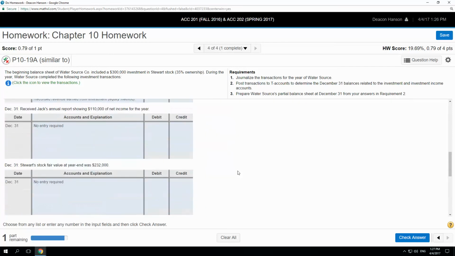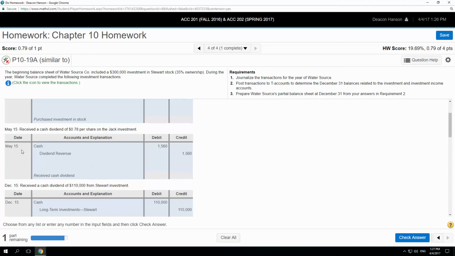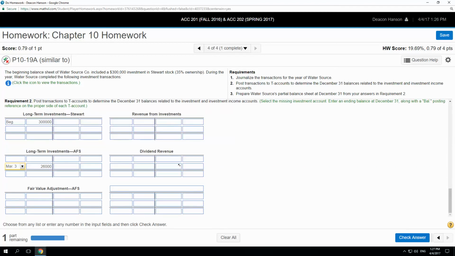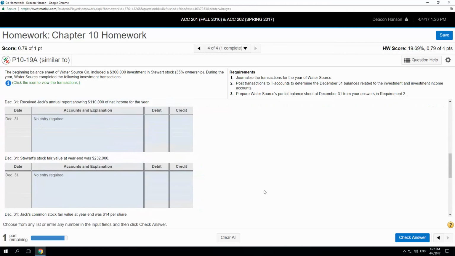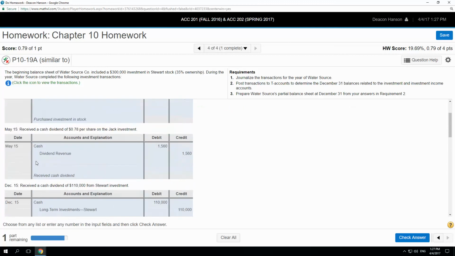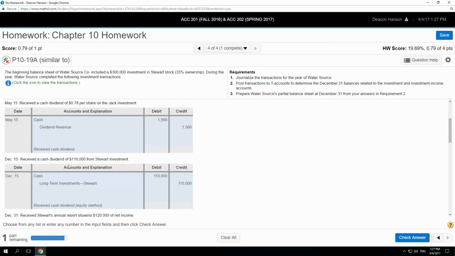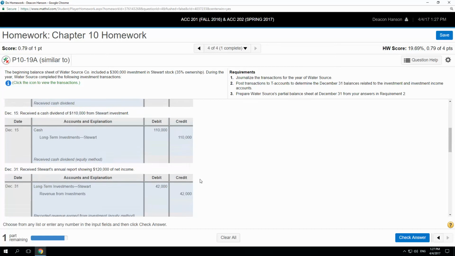Let's see. That was this one. Dividend revenue gets $15.60 on March 15th. May 15th, right? Make sure you got the dates right. Long-term investment, Stewart gets a credit of 110,000 on December 15th.